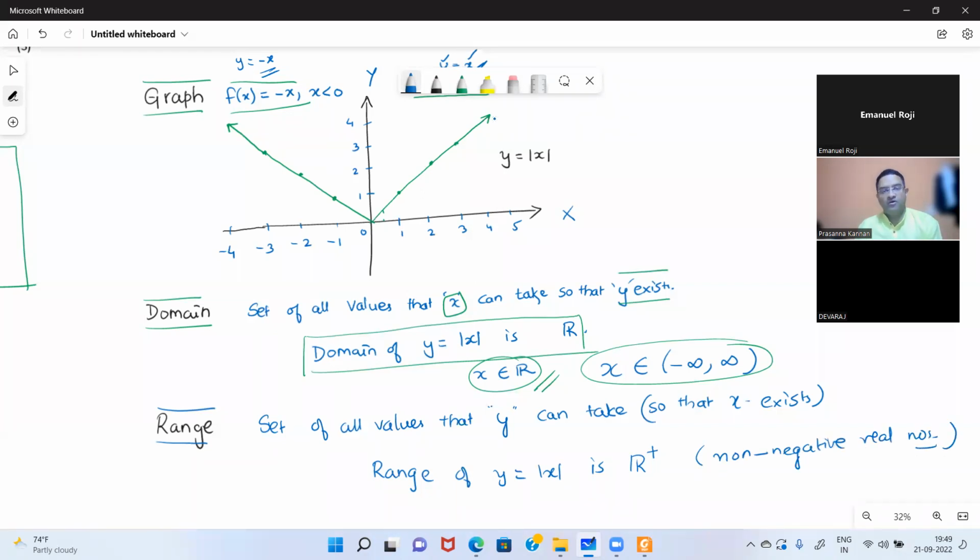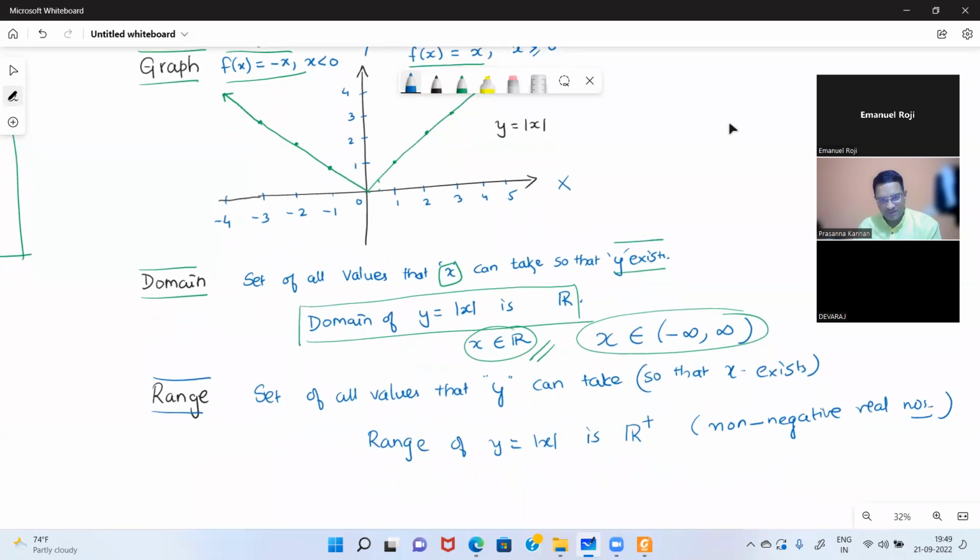Because when I say only positive real numbers, there is a tendency to take greater than 0. But 0 also should be included in the range. So you can say y belongs to zero closed interval, infinity open interval, 0 to infinity. Not x, but y.